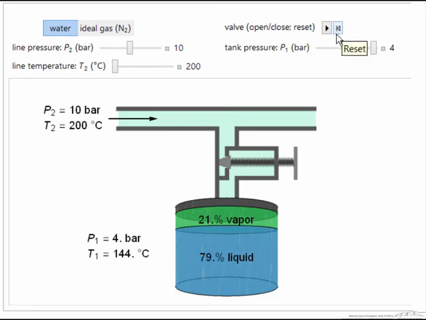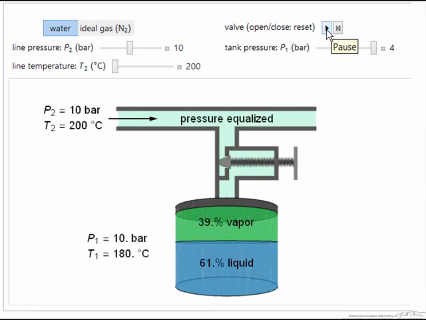So notice that what happened was we started out with 21% vapor, and we ended up with 39% vapor. So a lot of the energy went into vaporizing the liquid, some went into also raising the temperature. And so this unsteady state energy balance is important for understanding the first law of thermodynamics.